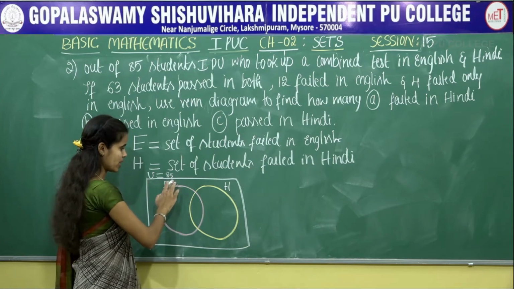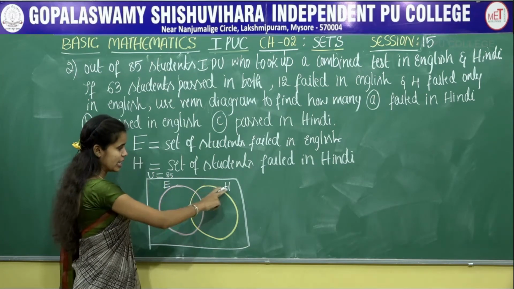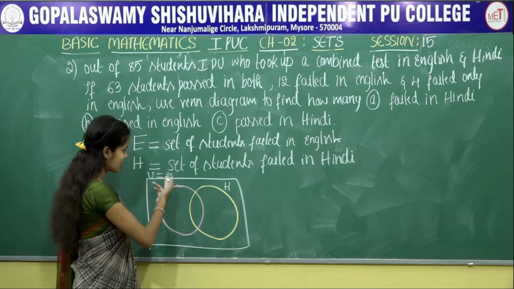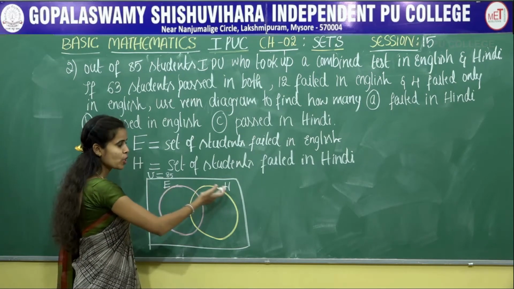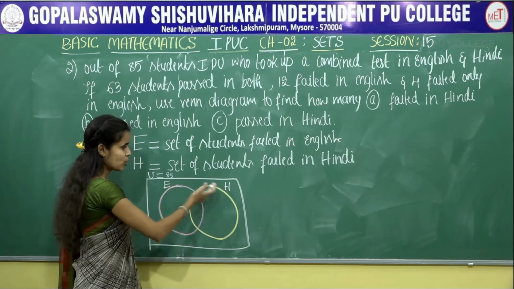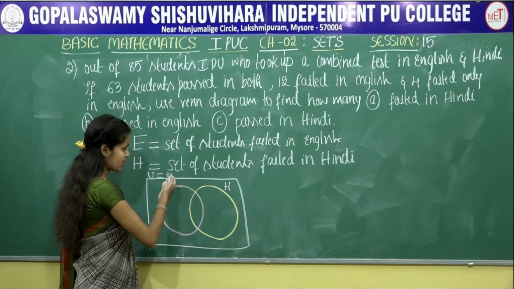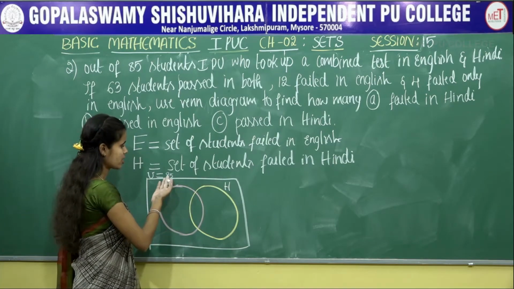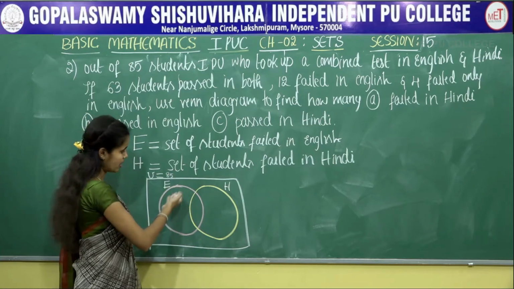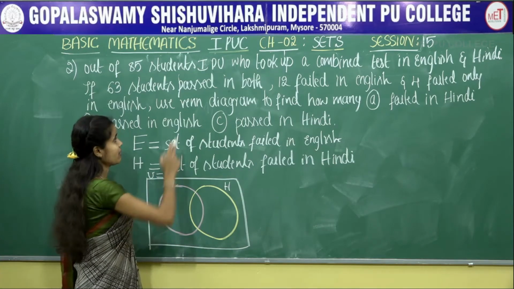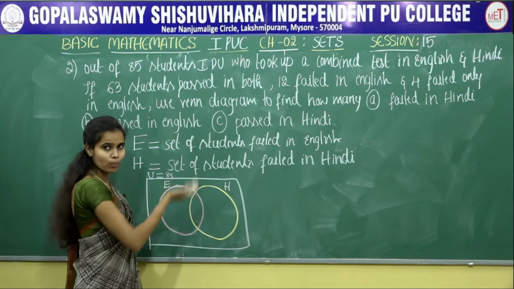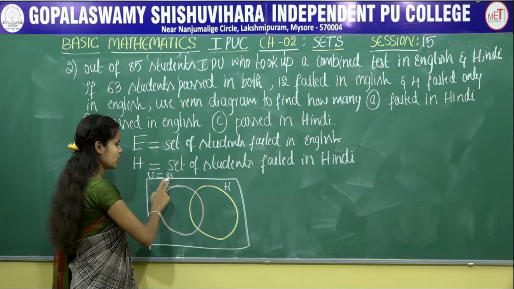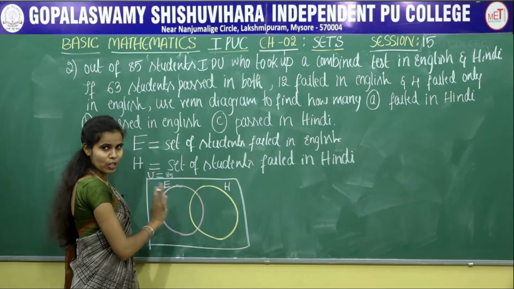In this case don't consider it as E union H. Suppose we consider the universal set equal to E union H, it says 85 students failed in any one of the subjects, but given 63 students passed in both. So don't consider it equal to the union.